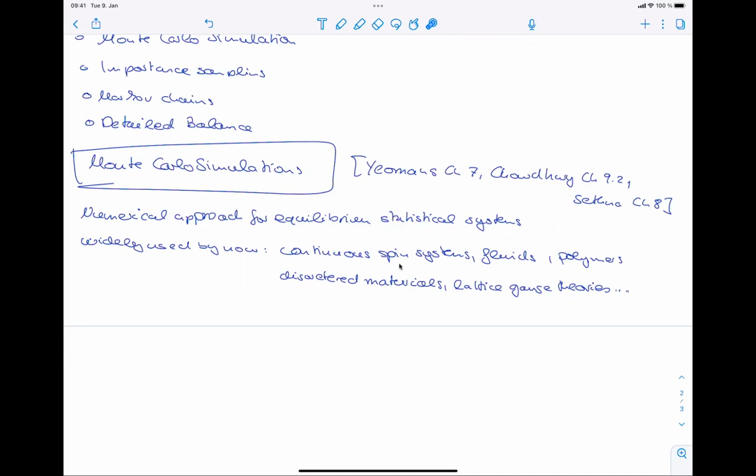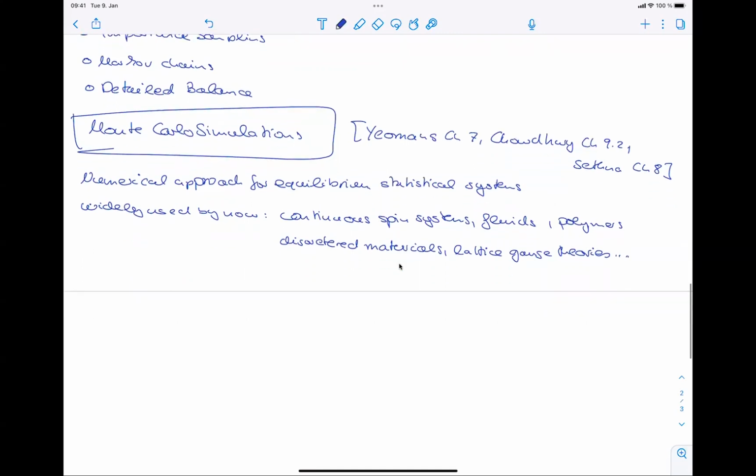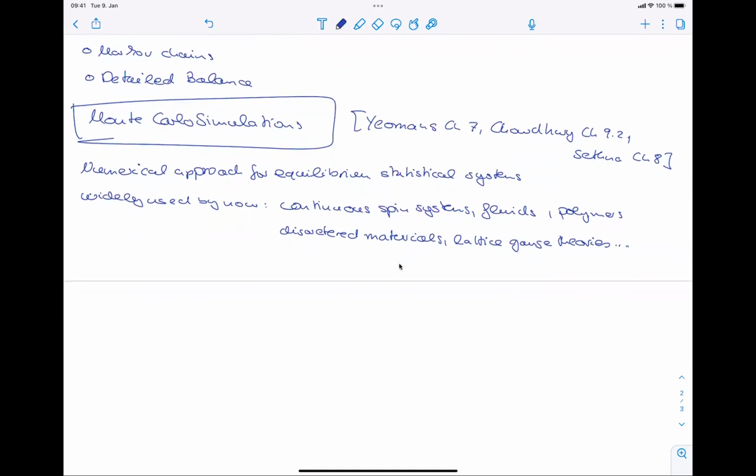It's a very standard tool that you use way beyond Ising models, where you can just download the code. It's a very, very versatile approach that you will always come across when you're interested in equilibrium properties of a system.